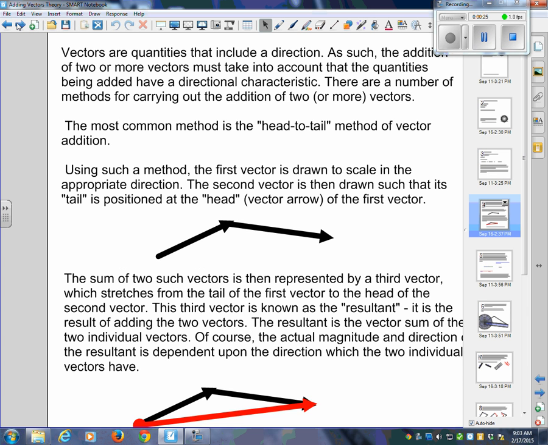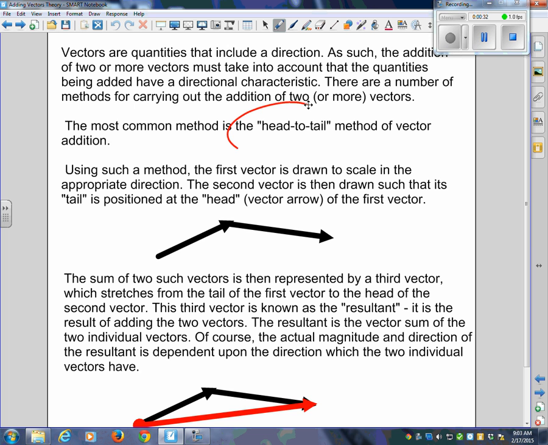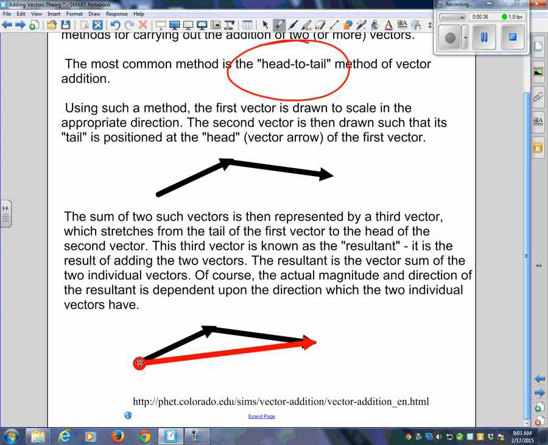And when we do add vectors, how do we place them, Graham? How do we arrange them? Tip to tail, or head to tail, right? Just like that. And what's this called here in red? It's not a hypotenuse if it's not a right triangle. Resultant. Yeah.